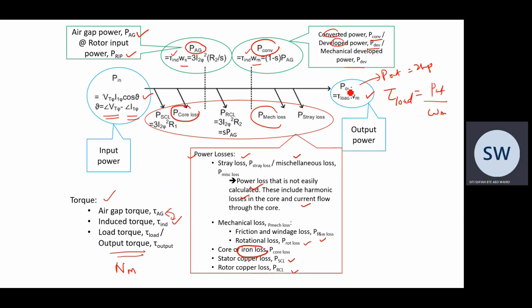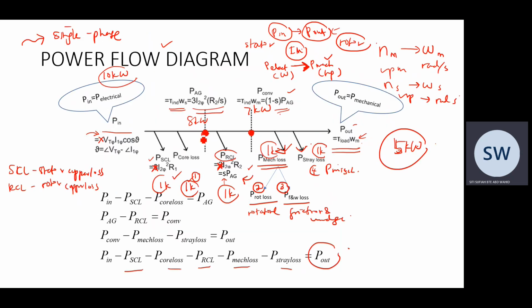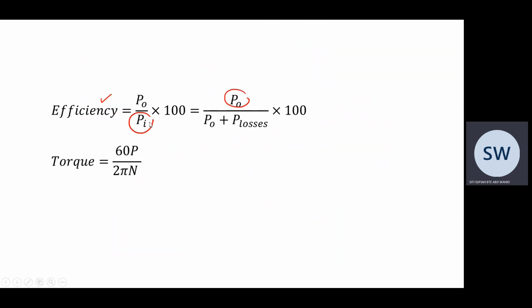But if you cannot use the formula, then you need to use the plus minus. For example, if you have P air gap and you have these two losses, you can find P in. P air gap, you plus back the two losses, just now 8K plus 1K plus 1K, you get 10K as your P in. You play around with the power flow diagram to get the power, either P out or P in, then P out over P in times 100, you'll get your efficiency.